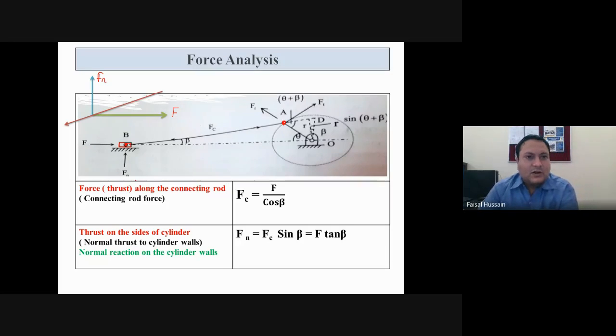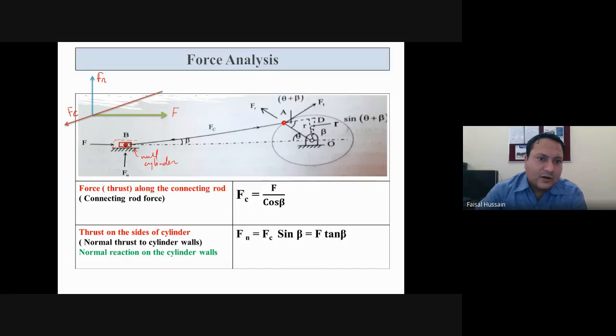Normal force means what? Normal reaction, or normal thrust, or simple reaction which is acting on the cylinder wall. For example, this is your cylinder wall. Okay. Cylinder walls, so normal force acting on the cylinder wall. So this is Fn and this is your Fc.